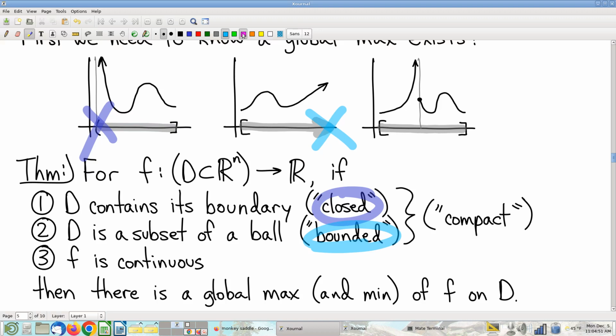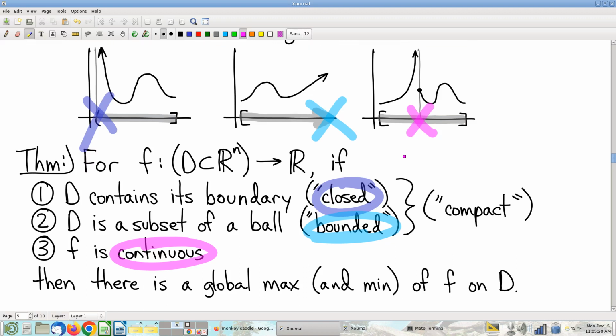And the function might fail to be continuous. But if none of those things fail, if you have a domain that is both closed and bounded, we like to use the word compact, by the way, for a set that's both closed and bounded. So if you have a compact domain and a continuous function, that function will achieve a maximum value somewhere in that domain.